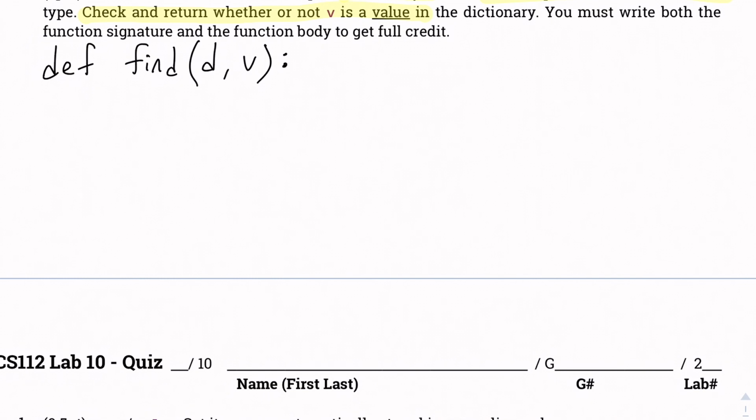So in order to find if V exists, we want to loop over the dictionary and check if V is the value at this particular location. So if you remember, there are many different ways to loop over a dictionary.